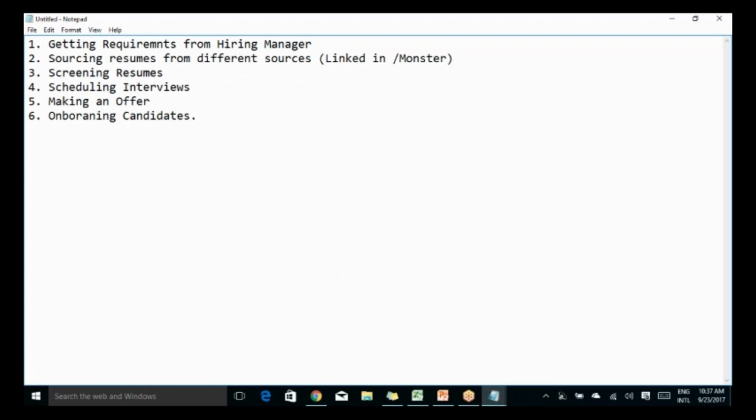You would be receiving a set of resumes from these parallel sources. This is how your process works in parallel, integrated with different systems.